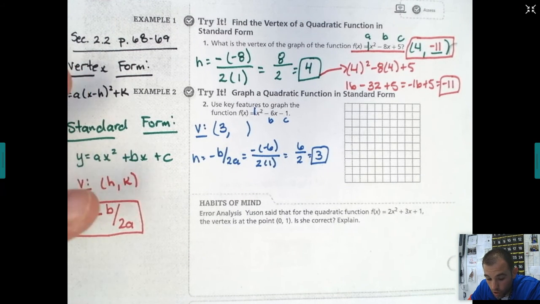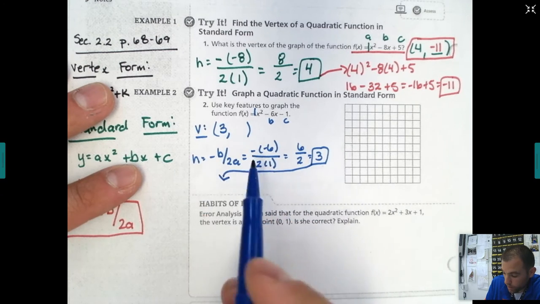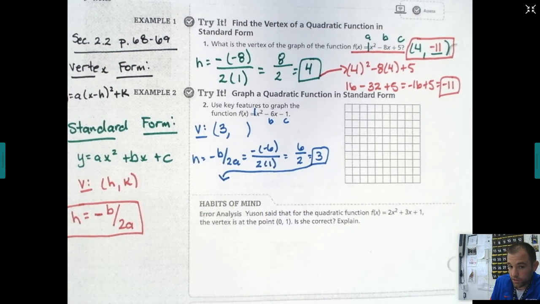Once we get that number, we plug it in for the x's in the original problem that we were given. So I'm going to take that 3 and plug it in.